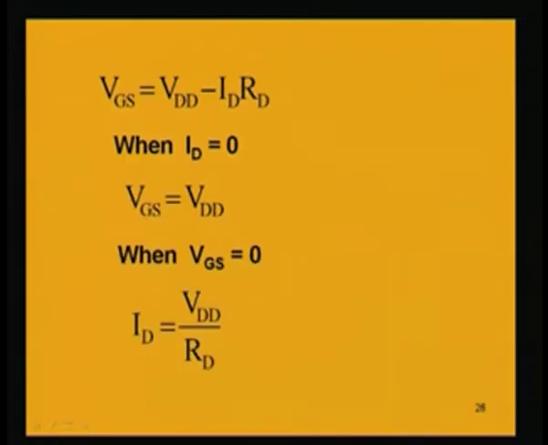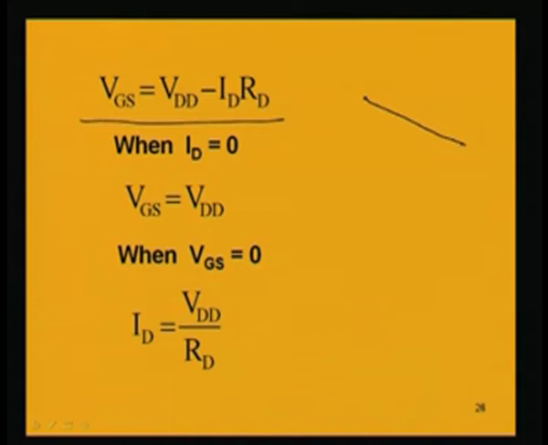So, this expression is one equation which will be giving us a straight line. This is the equation of a straight line only. Now, we can draw the straight line provided we know only 2 points. The 2 points are required to draw a straight line.